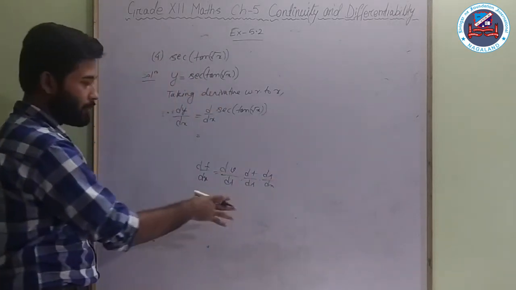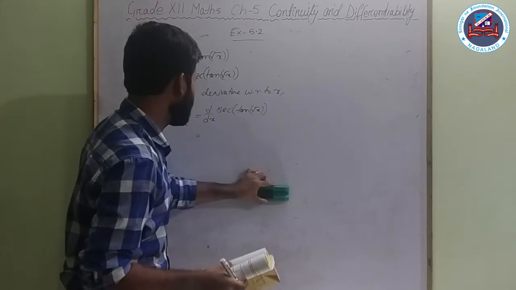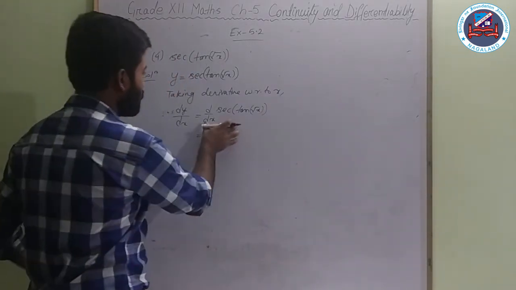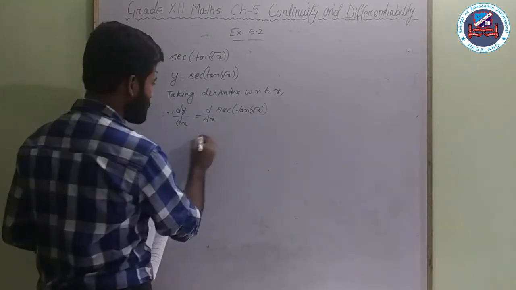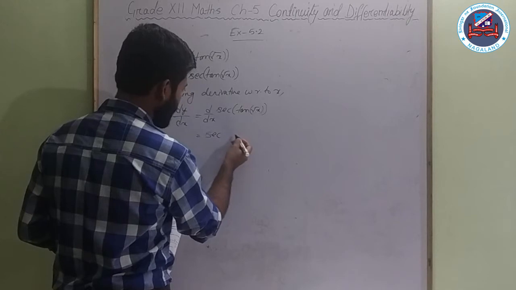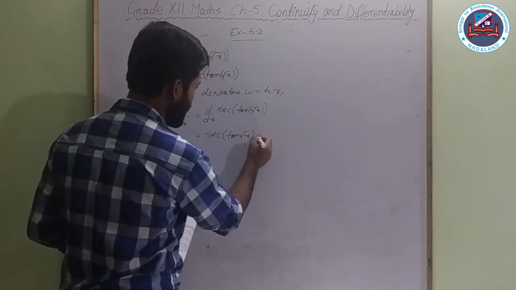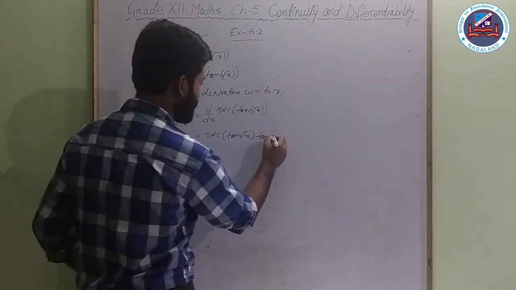So you can break it, or else you can do it directly. This is also the chain rule, but I am just doing it directly. So here, what is d/dx of sec x? Consider this as x. So d/dx of sec x is sec x tan x. So our x is this, that is tan root x, and sec x tan x is the formula of d/dx of sec x.